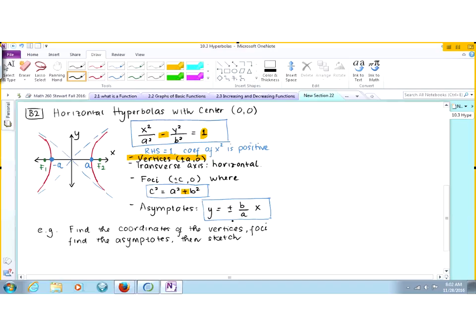So y squared over 9 minus x squared over 16 is equal to 1. I'm going to go back to the previous page and write down the vertices on the previous one.